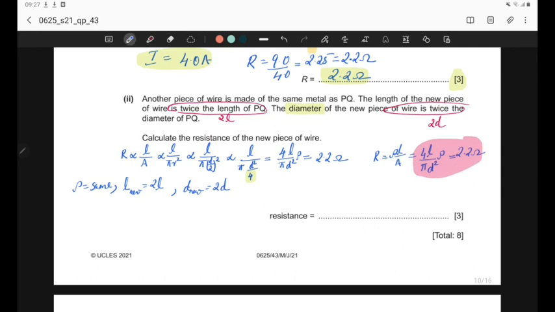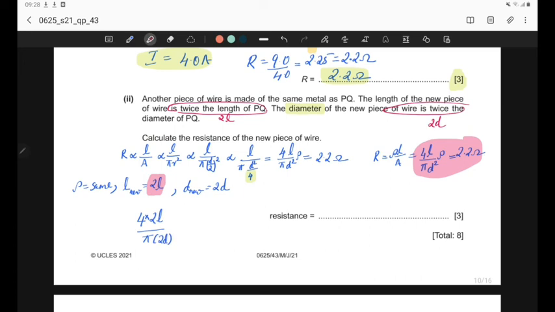For the new wire, the equation is 4 times length, but the length is doubled, so instead of L we write 2L, over pi, which is the same constant, and instead of d square, the new d is 2d.